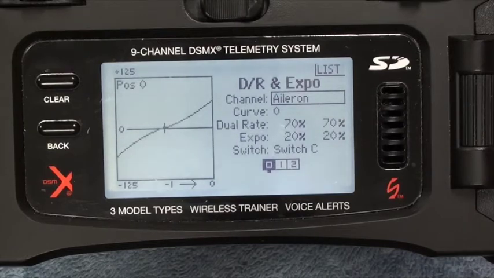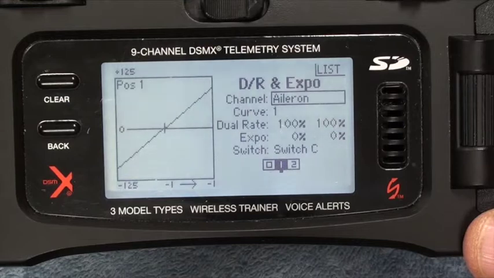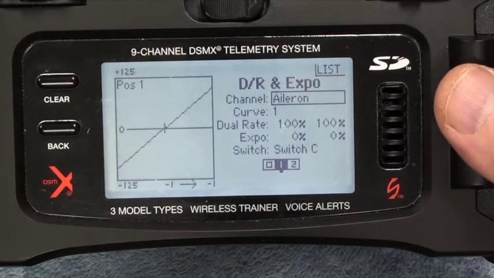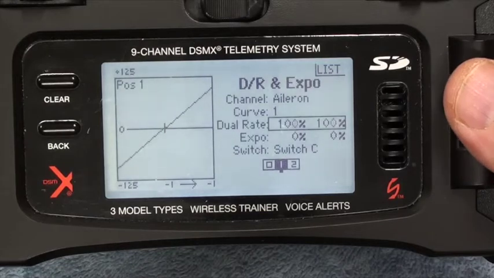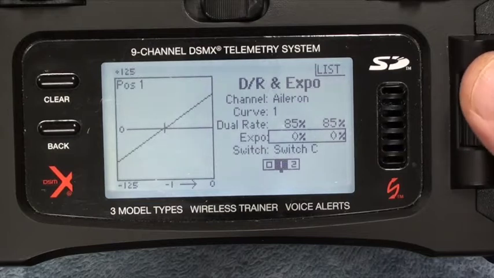Now I'm going to go down here, you can watch me move the switch to position 1. So on position 1 on ailerons, I'm going to go halfway. I'm going to go to 85. Keep the expo the same.